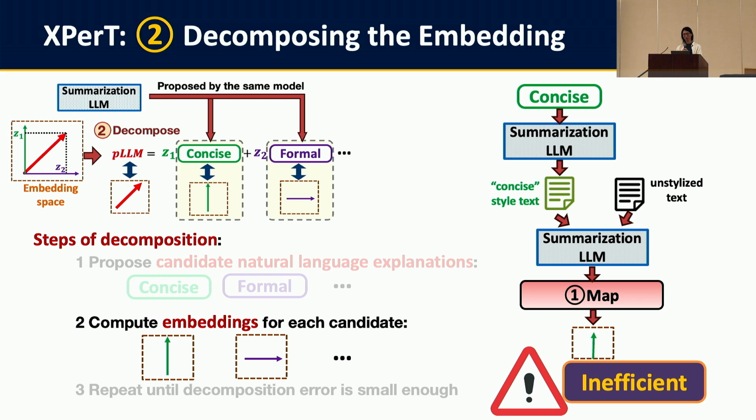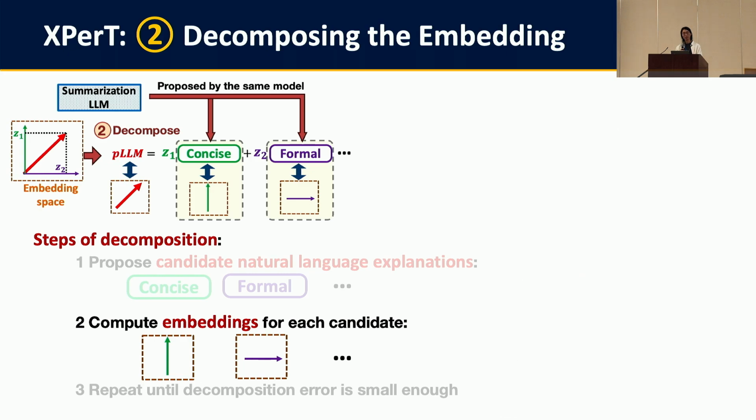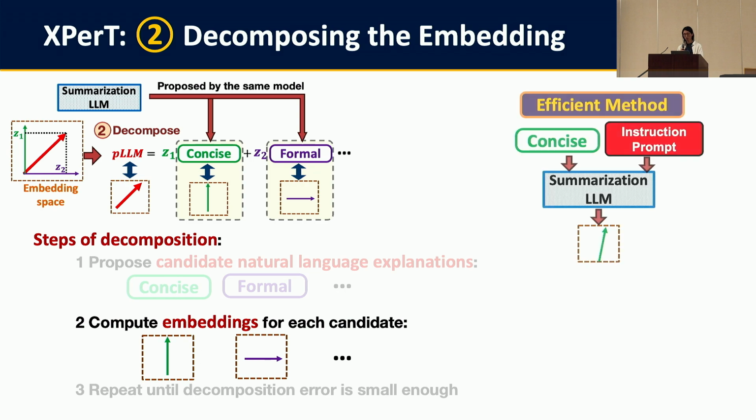And we noticed that in this entire flow, the embedding vector comes entirely from the summarization model's internal knowledge. So instead of delivering the internal knowledge via some intermediate text, we can go one step further, which means we directly prompt the model to generate a subvector based on the keyword.